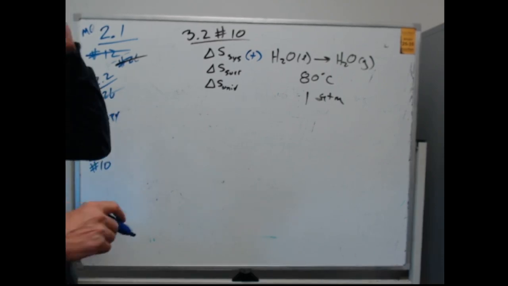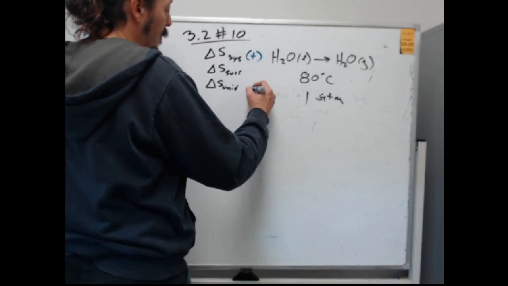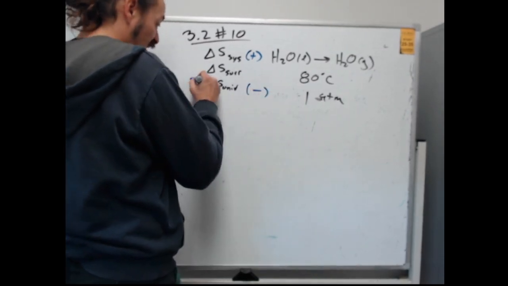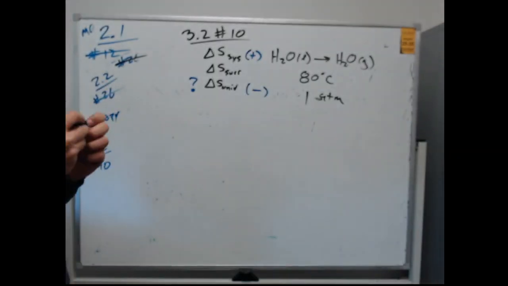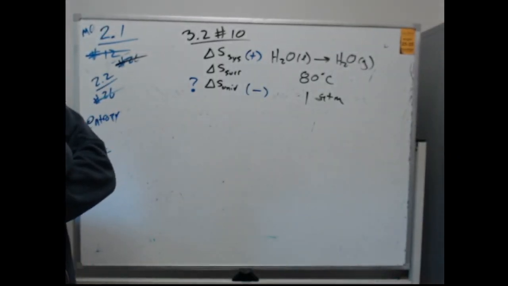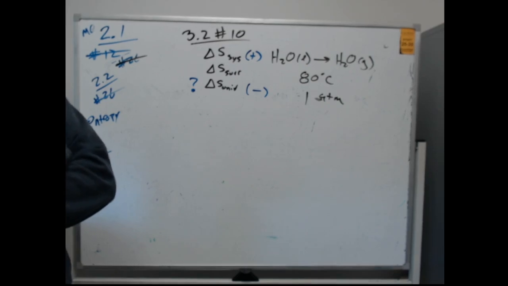So I think we say in this situation, and again, I'm trying to go off of what the textbook does, that delta S of the universe might be negative there, because we don't see it happen. Saying that delta S of the universe is negative is like saying, hey, that's impossible. So how do we have this impossible thing happen?